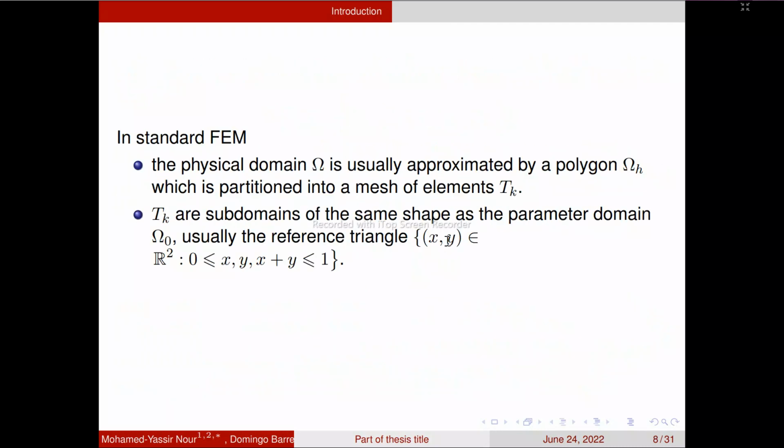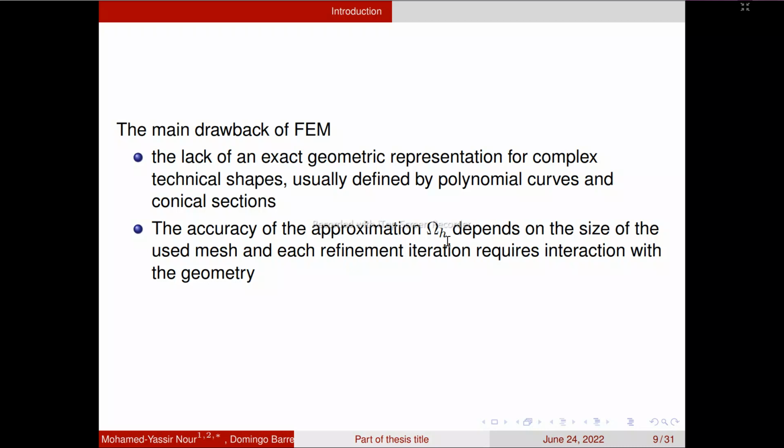But in general we choose the finite element method, which uses approximation of a polygonal partition by a triangular mesh, and that is not good because of the lack of exact geometric representation, for example, usually polynomial curves and conic sections.